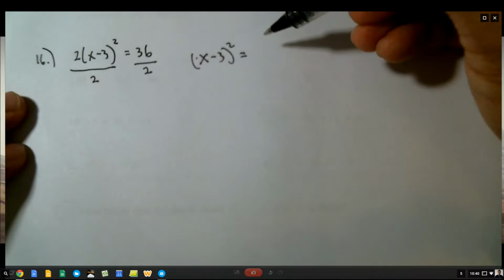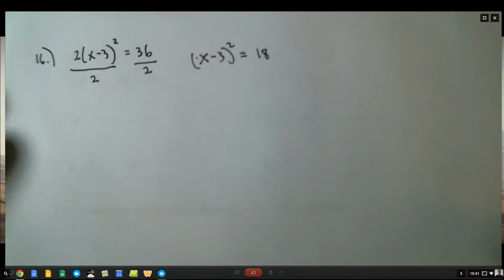We have to get rid of the 2 first, because we can't square root here without also having to square root the 2, and it gets more complicated. So divide by 2, divide by 2. We have x minus 3 squared equals 18.